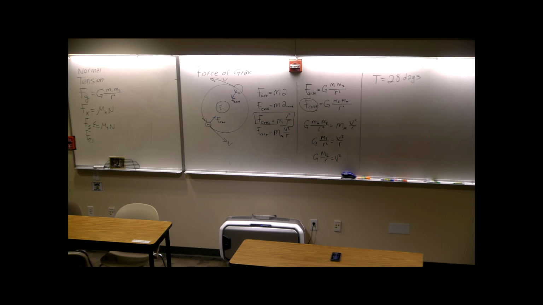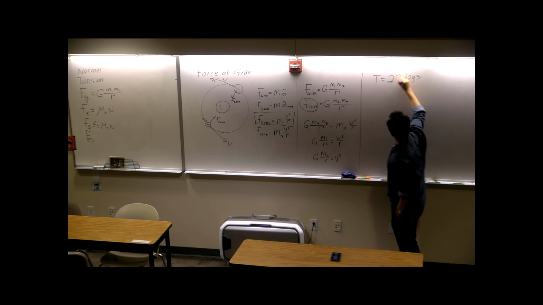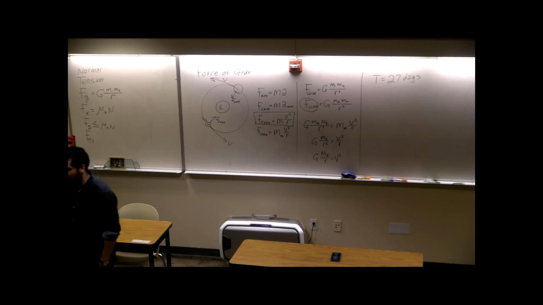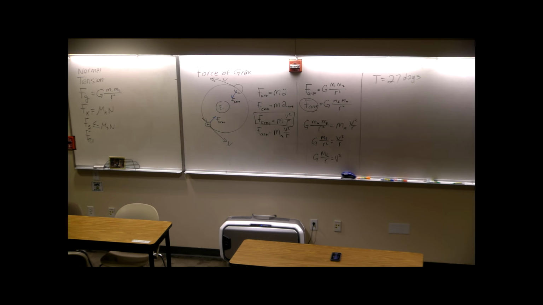Actually, I think it's 27.3? Hold on. We'll use, it rounds down, 27 days. Sorry, 28 days was on my mind because I'm planning on watching 28 Days Later. But 27 days is about the time it takes for the moon to go around the Earth.